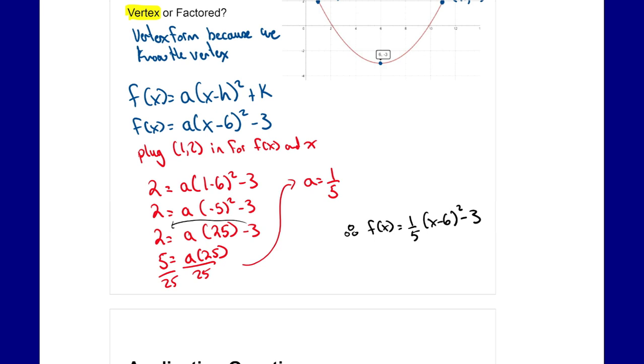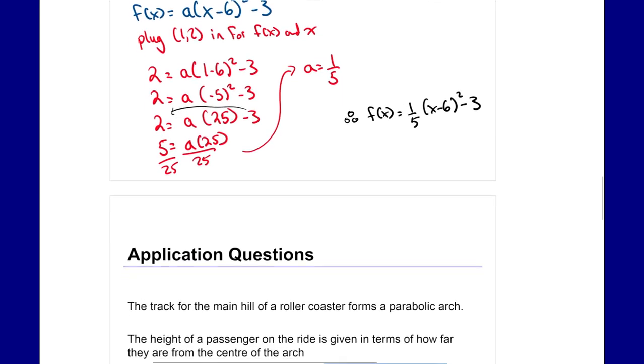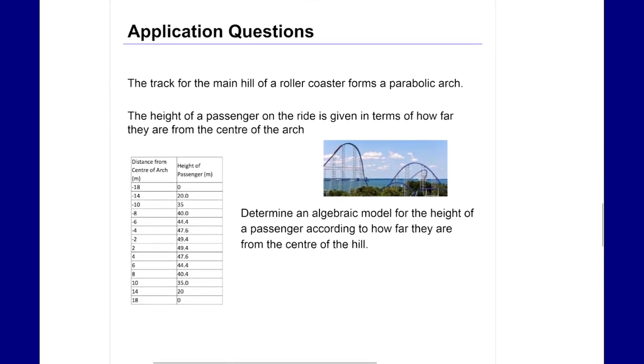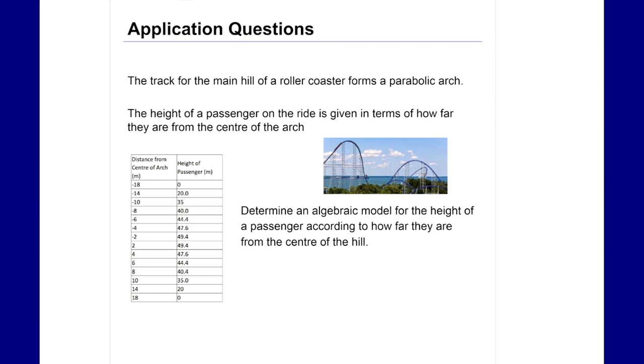We're not filling anything in for that. So we can use this now with some application questions to come up with something to model them. As long as we know some information about our parabolas and some points, we can determine a quadratic equation to model it.